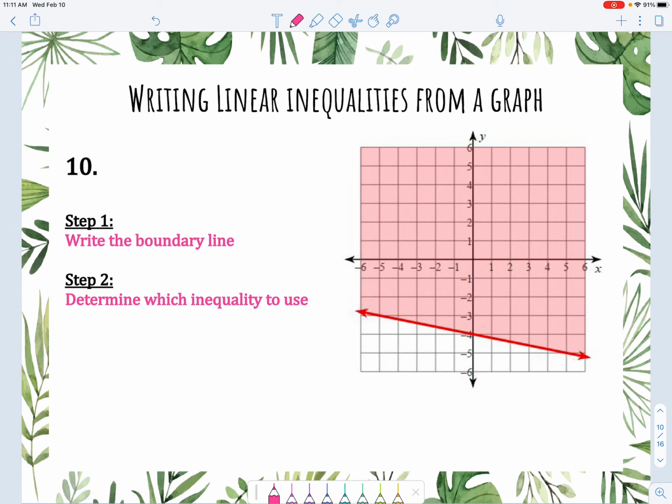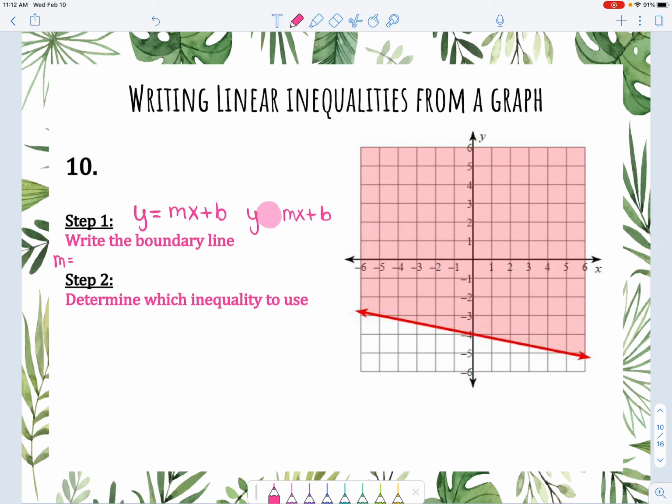And when I usually do this, I typically do it in the form y equals mx plus b. I think that's the easiest way if our y-intercept is at a nice lattice point. But when I substitute my numbers in, I first leave a little space here because remember, these are not equations. We're going to have to determine what inequality symbol to use.